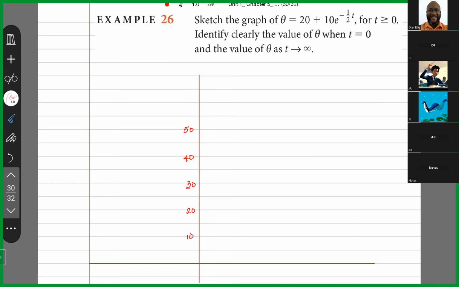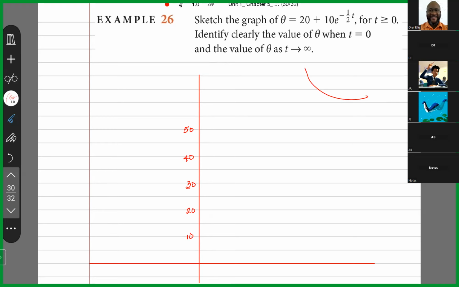Values of t are greater than 0. But I could start with t being equal to 0. If t is equal to 0, first of all, it's the negative, good. So the fact that it's minus a half t, it's going to come that direction.